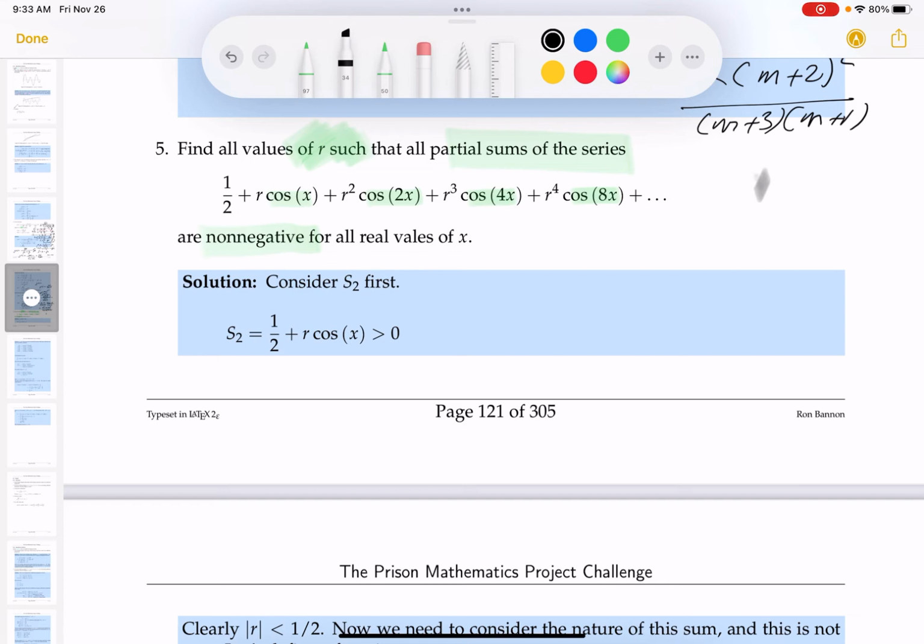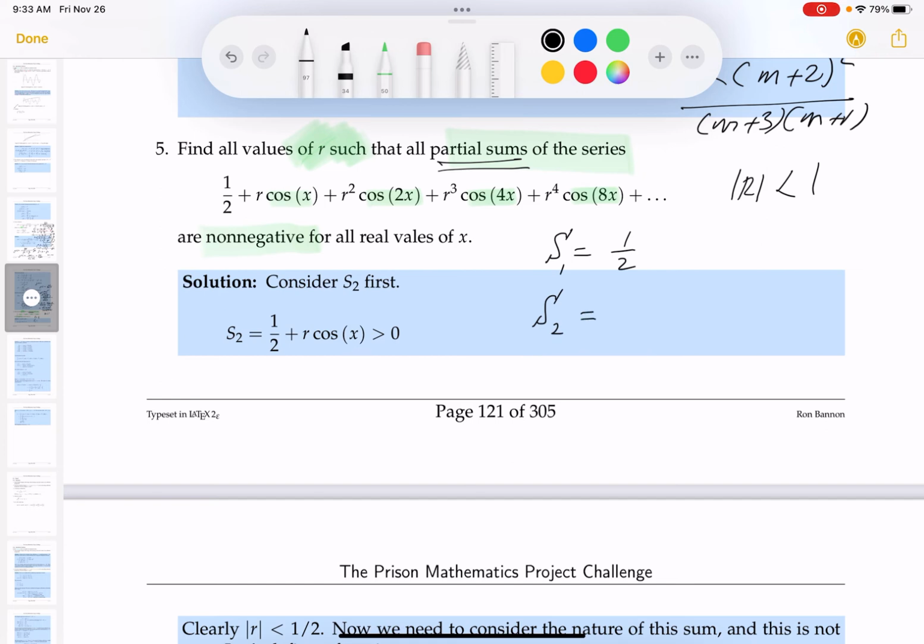I would just simply say, oh, geometric. I'm not giving it much thought, by the way, which is not a good idea. I would just say the absolute value of r has to be that. It looks geometric, but that's giving it no thought. So they say, and I want to point out what they're saying, the partial sums. So S1 would just be the first term, which would be a half. That's definitely positive.